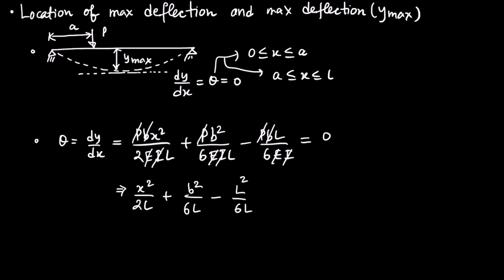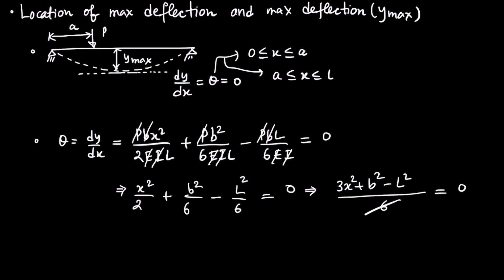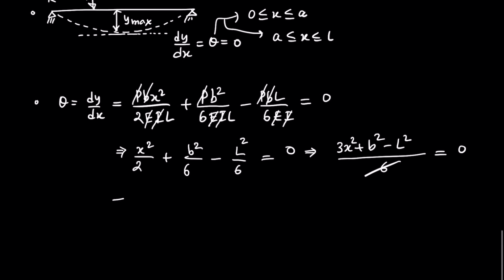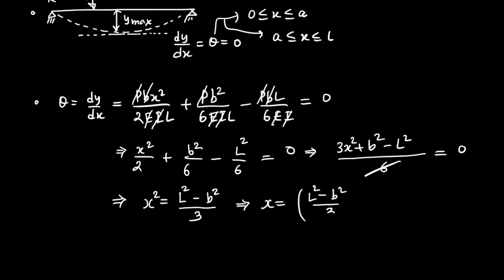Multiply and divide by L, so from here L gets cancelled out. Now take 6 common in denominator. So 3x square plus b square minus L square equals 0. So 6 also gets cancelled out. So I can say x square is equal to L square minus b square by 3. So this implies x is equal to (L square minus b square by 3) to the power 1 by 3.